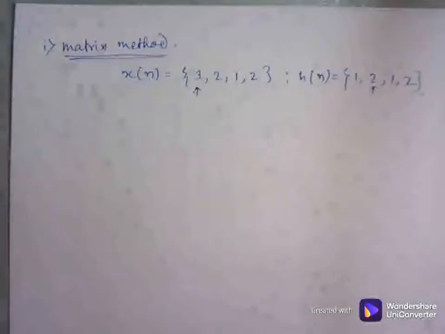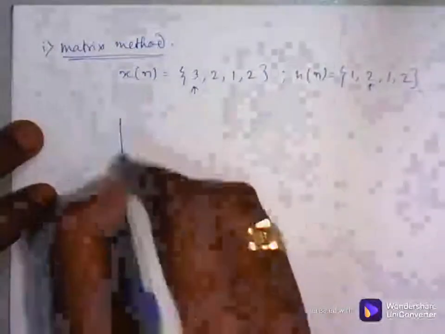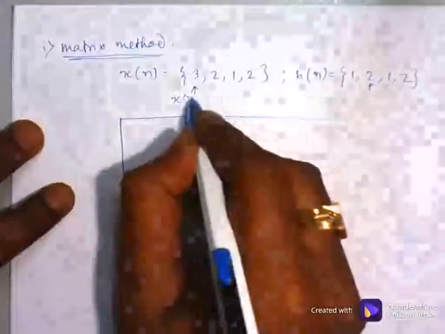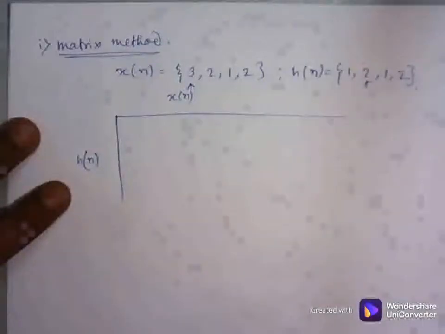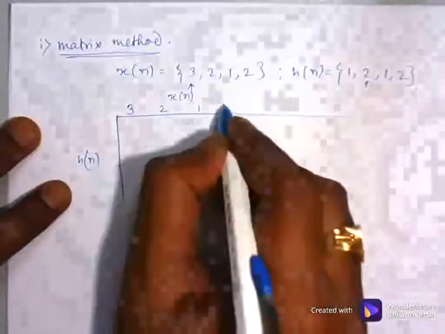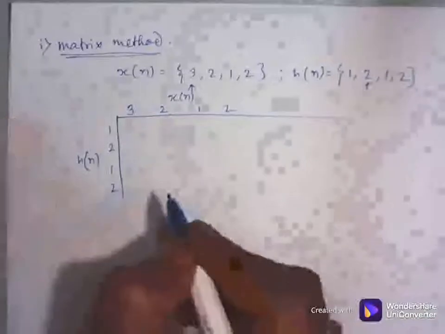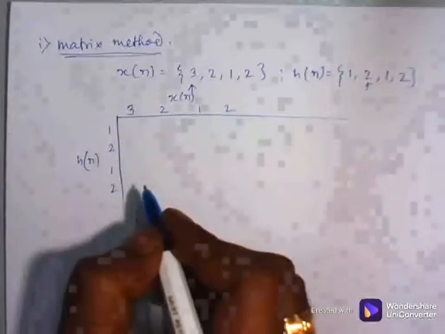So now I am using the matrix method. In the matrix method, what will I do? I first write the matrix, and in the upper portion I write the x of n values, and in the lower portion I write the h of n values. So the values of x of n are 3 2 1 2, and h of n is 1 2 1 2.